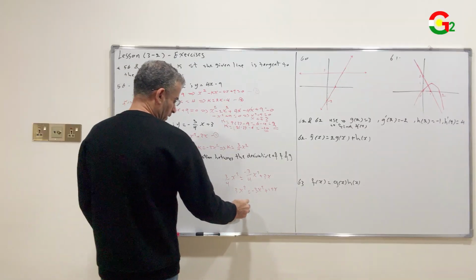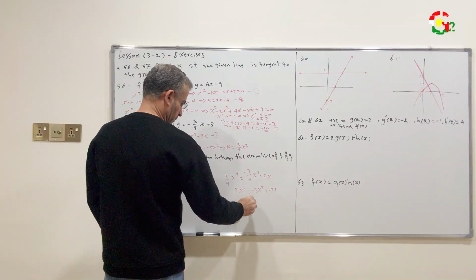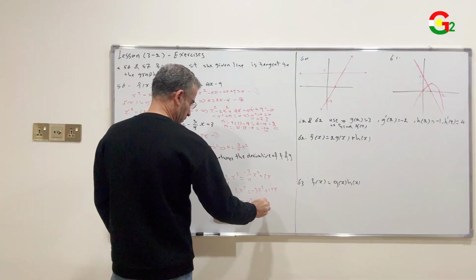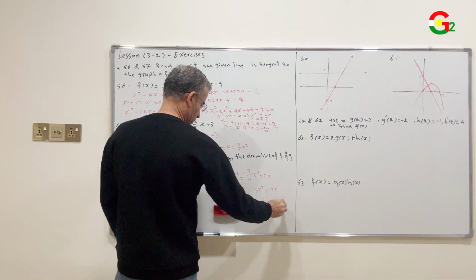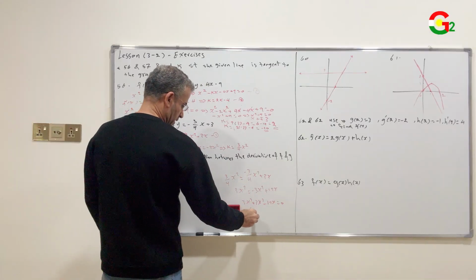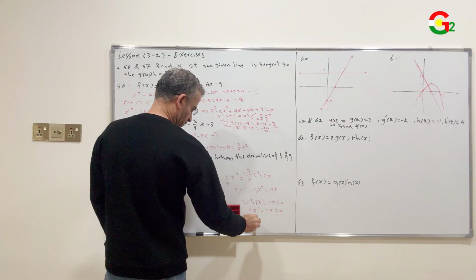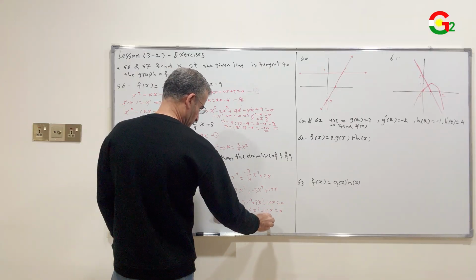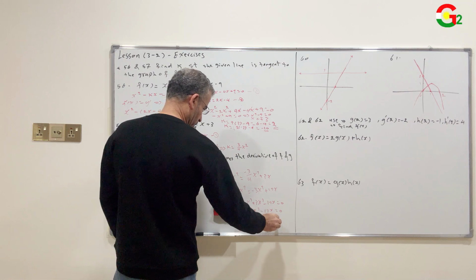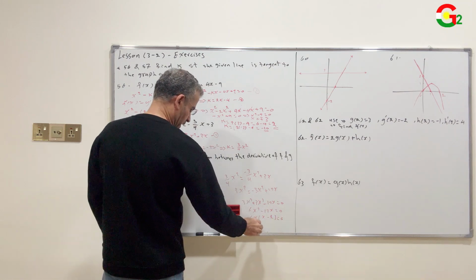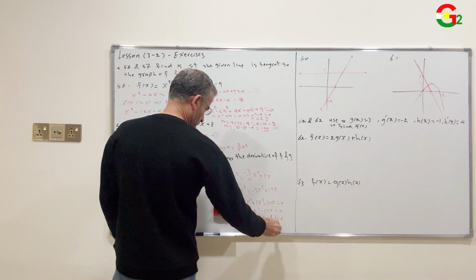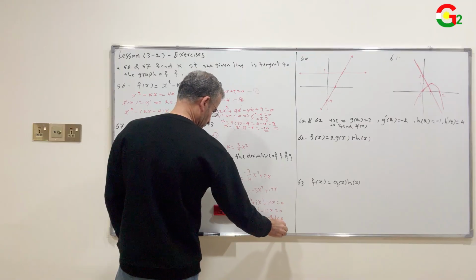Move all terms to one side. 3x power 2 plus 3x power 2 minus 12x equals 0. 6x power 2 minus 12x equals 0. Factorize by 6x, x minus 2 equals 0. Either x equals 0 or x equals 2.